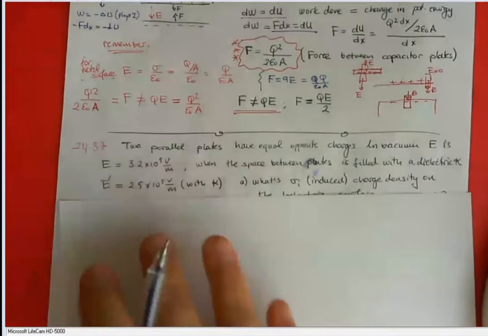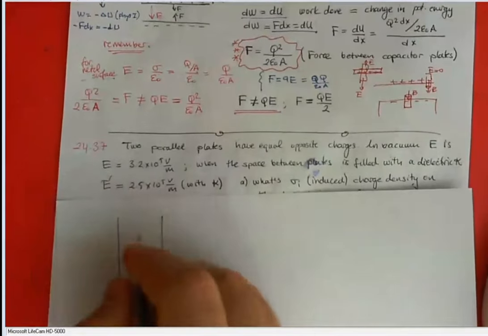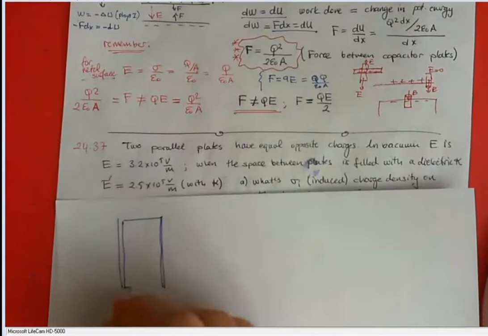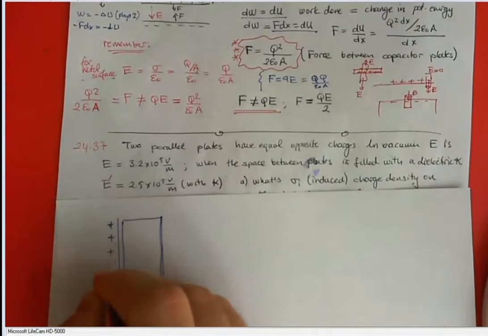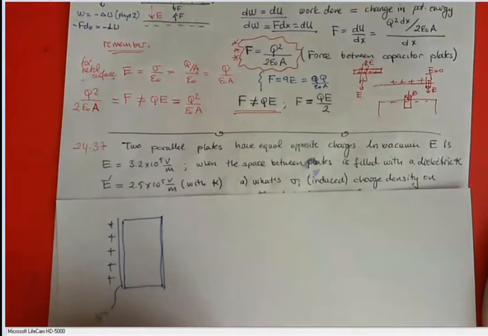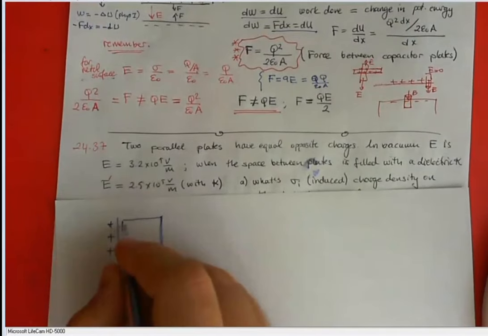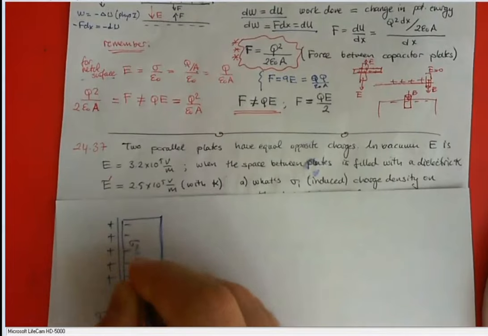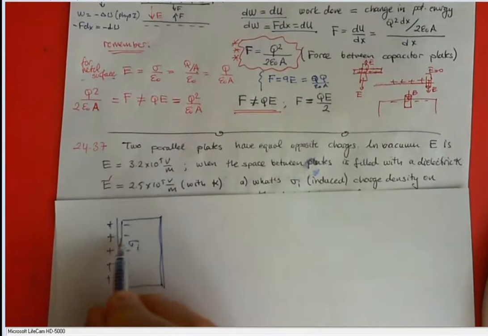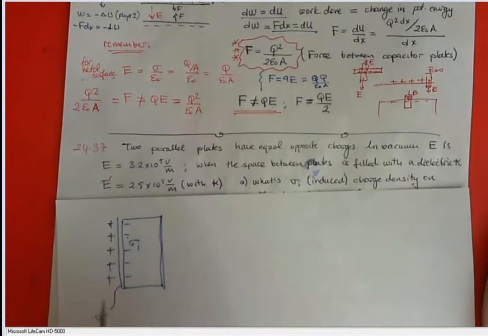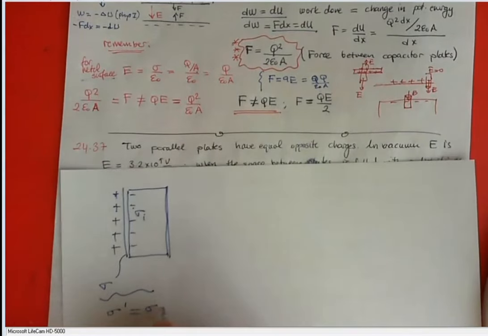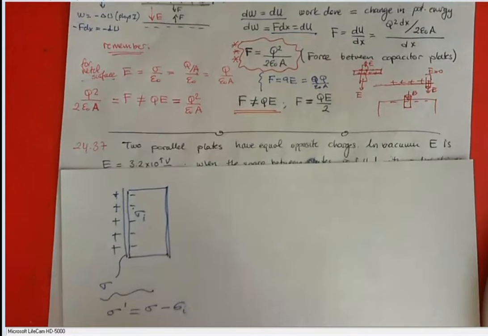If we have a dielectric surface here, initially you have plus charges, which is sigma, and then we have sigma induced here, one positive and the other negative. So the total charge is sigma prime equals sigma minus sigma induced.